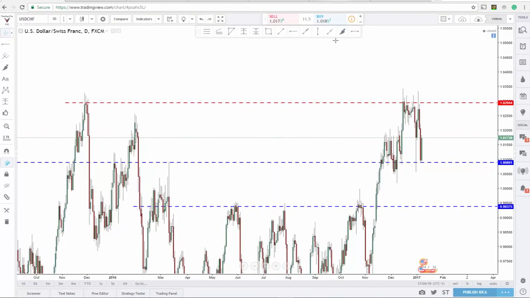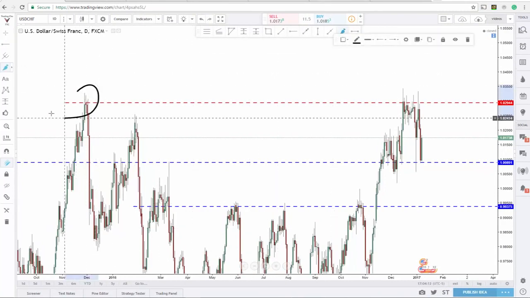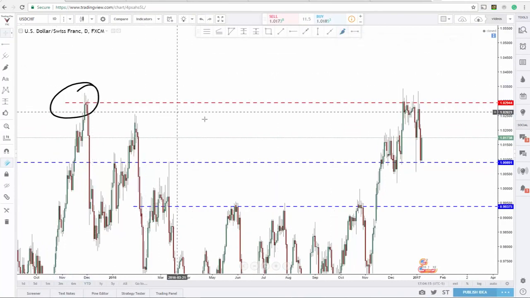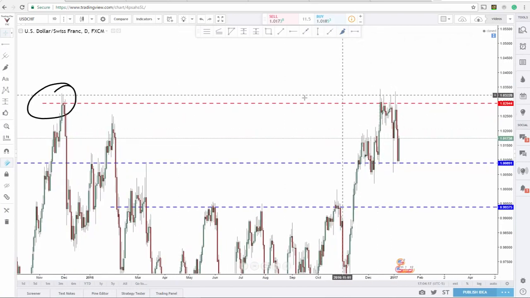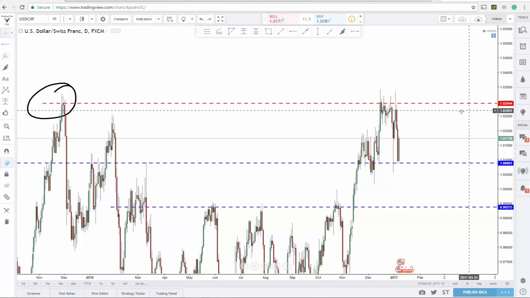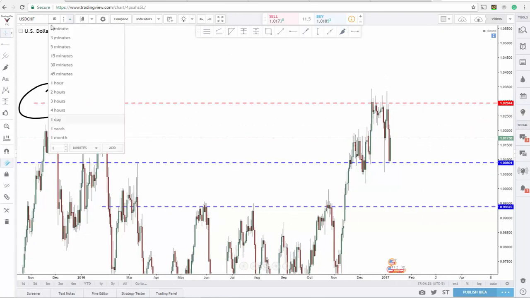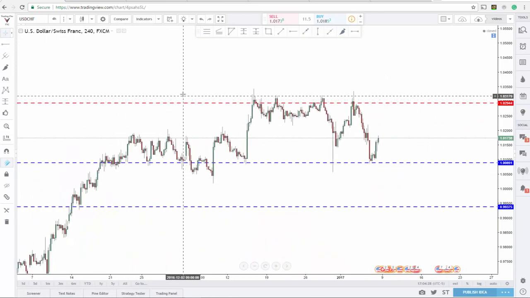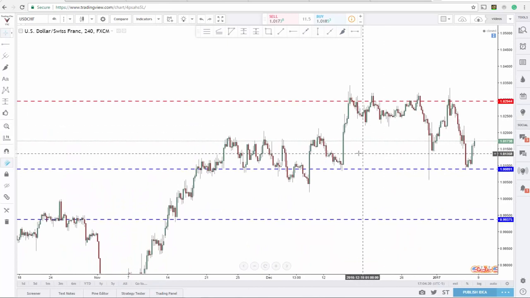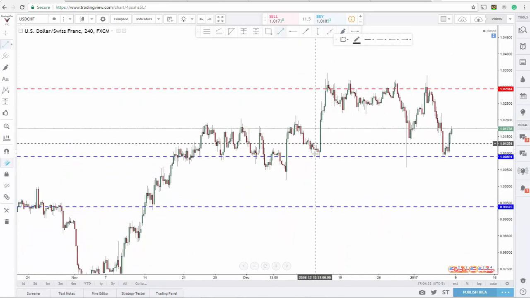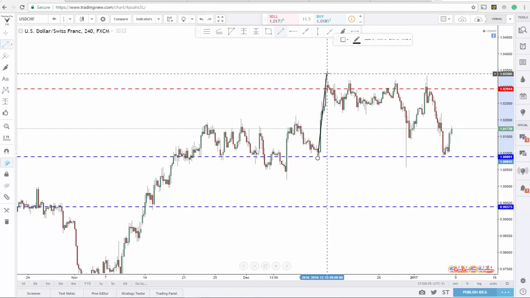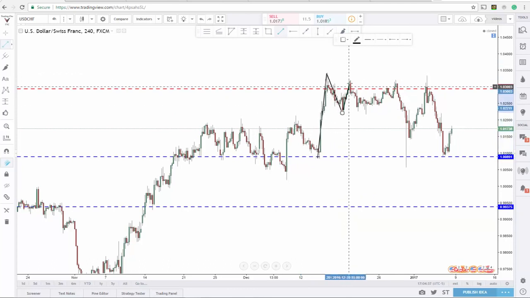Alright, so you can see that we did come up to that previous level of structure resistance we were talking about in that video, which is where the market was during the recording of that video at the 1.02944 level. Now if we drop down to a lower time frame, you can see that we had one of the entries that we discussed today, just a regular double top here on the dollar Swiss, right at that major level of structure resistance.